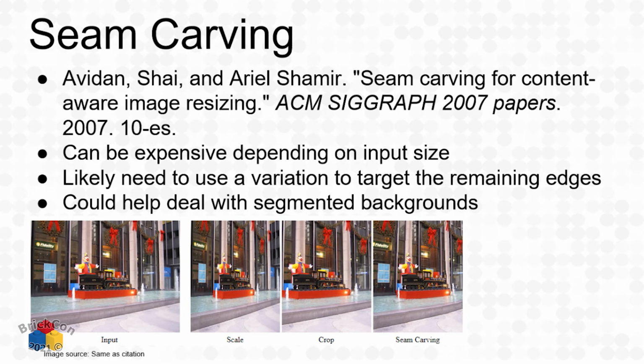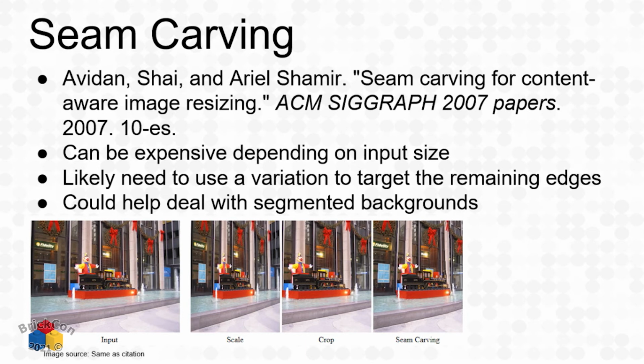This is really cool. You could give a whole separate lecture about seam carving itself. We actually did this in college as a project for one class. But it's basically like, hey, choose the interesting parts of the image and try to preserve them. This is really cool as a pre-processing step to cut down on the sizes of your backgrounds if you run into the segmented backgrounds problem that I described earlier.